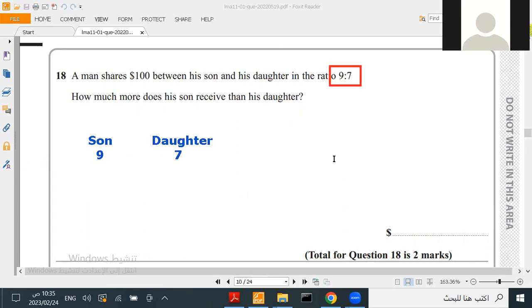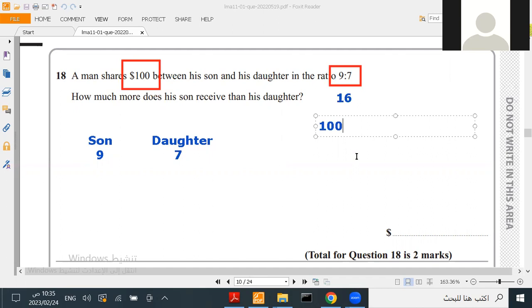9 plus 7, how much do we get? 9 plus 7 is, very good, 16. Now I'm going to take the 100 divided by 16. So first we added the ratios together, then we divide the whole number, 100, by 16.